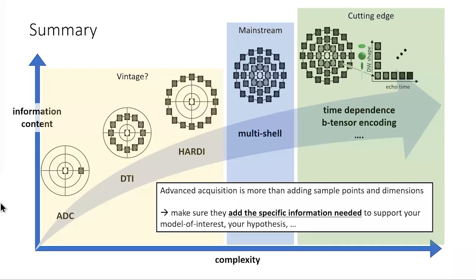We also have to make sure that we add the specific information that we need to support your specific model or your specific hypothesis. So each time we move to the right on this axis, we want to make sure we go up on the information content axis as much as possible. And that is what optimal experimental design can help us do.